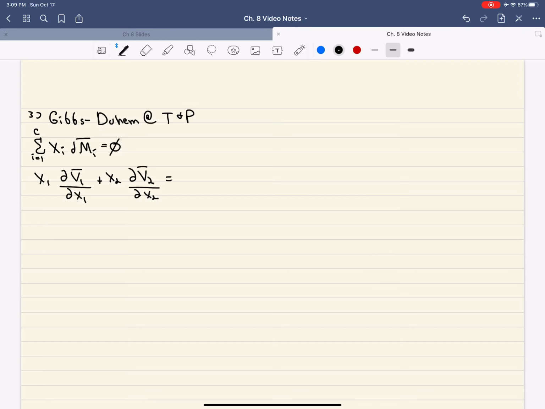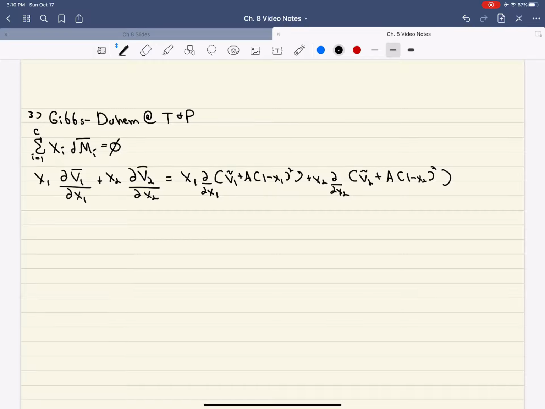Let's now actually take the partial derivatives of each of the models. So d/dx1 of v1 hat plus a times (1 minus x1) squared, plus x2 times d/dx2 of v2 plus a times (1 minus x2) squared.